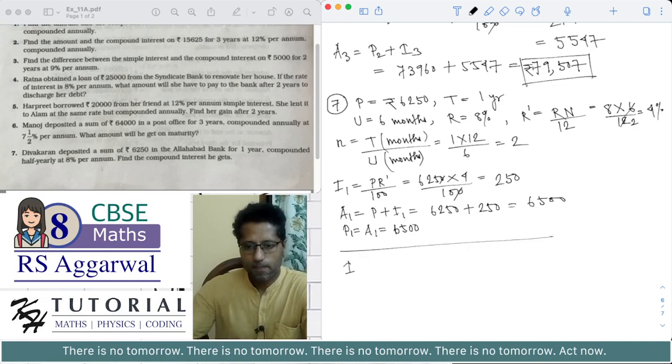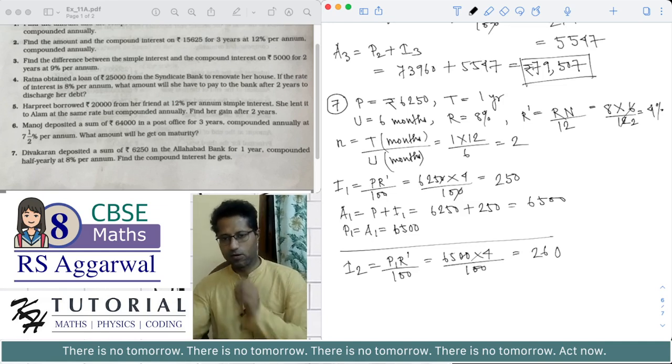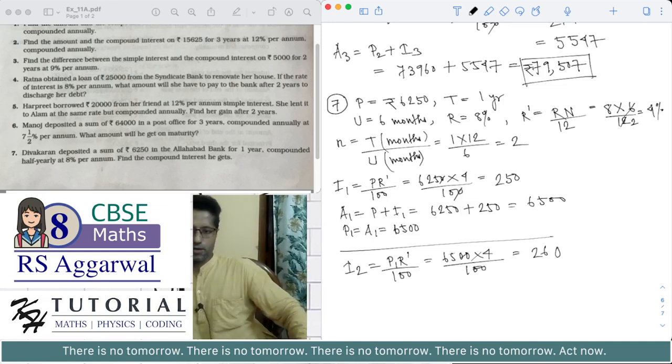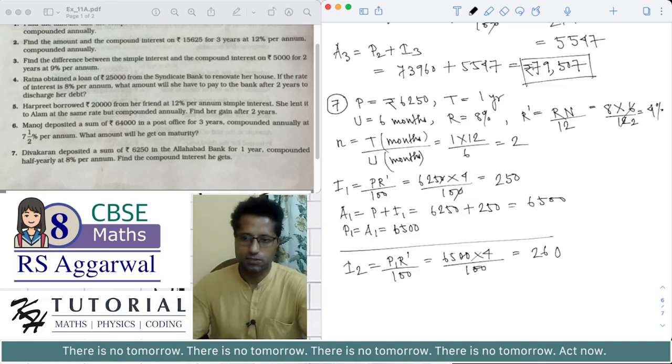I2 will be equal to P1 R dash by 100. This is equal to P1 is 6500 multiplied by R dash is 4 divided by 100. So this is equal to 260. The interest at the end of the last unit of time or the second unit of time is rupees 260.